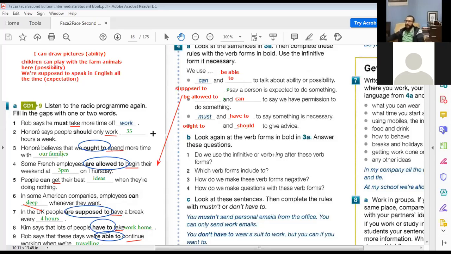Okay, so we don't know how to use ought to. It's a bit different because we haven't used it before, but we'll check it in the summary, so don't worry about it. What about number 4 here? It says, how do we make questions?